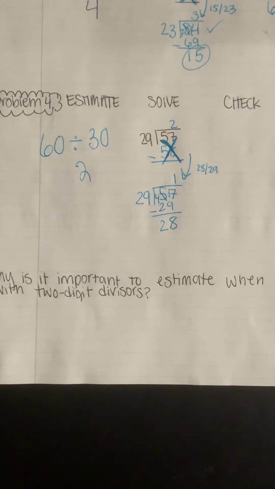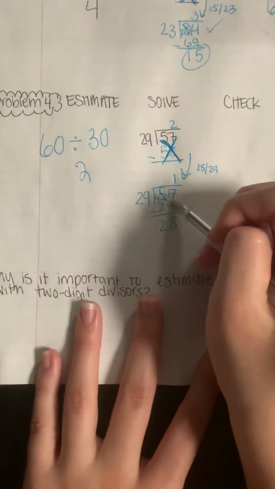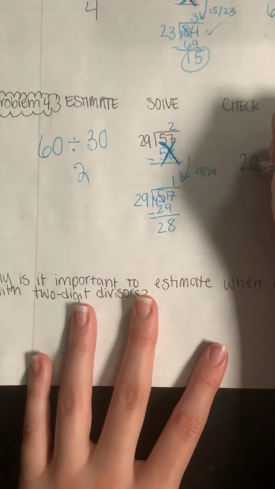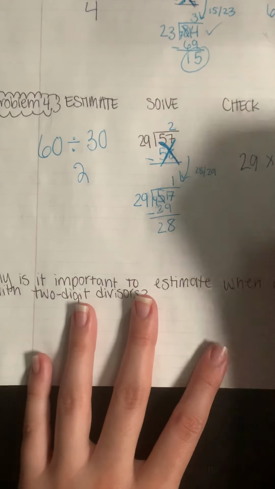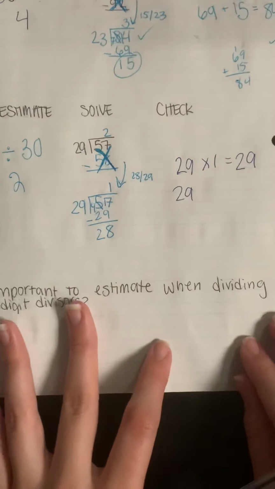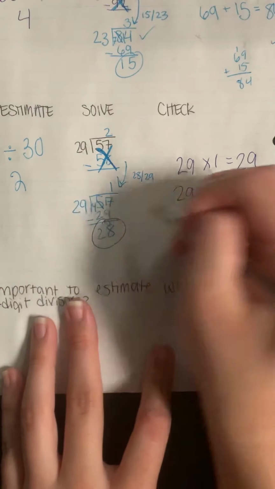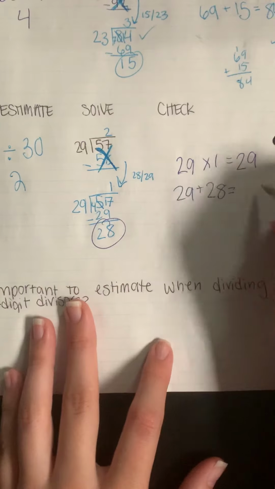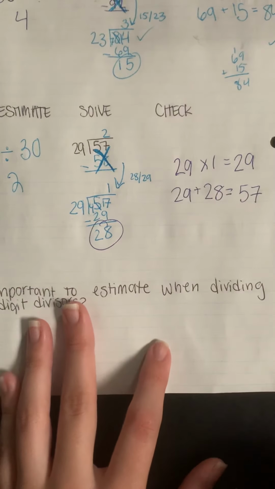When we check our work on what we did, we actually had to do 29 times 1 first. Equals 29. Then we take that 29 and we add on our remainder. So if we add 29 plus 28, we get 57.